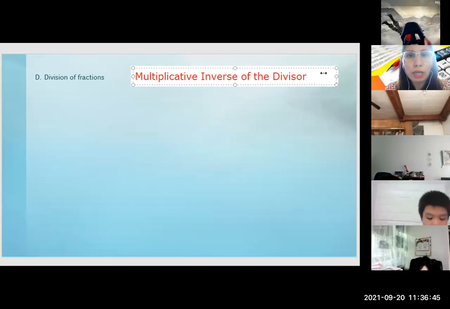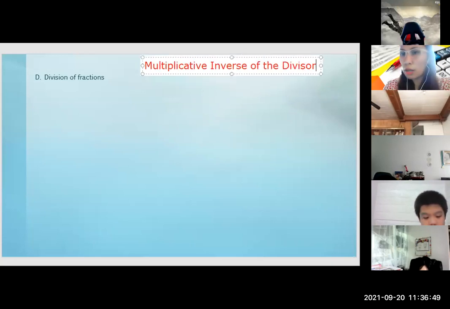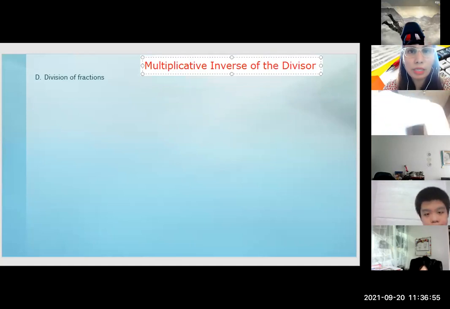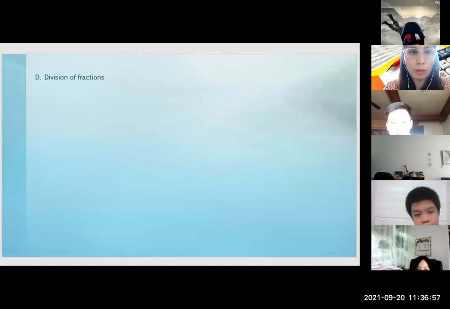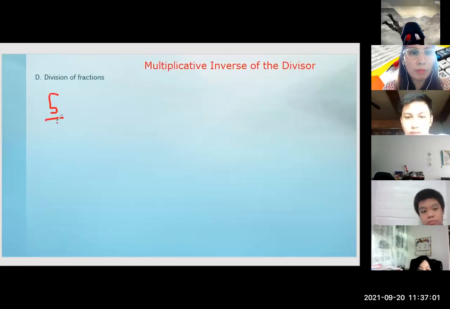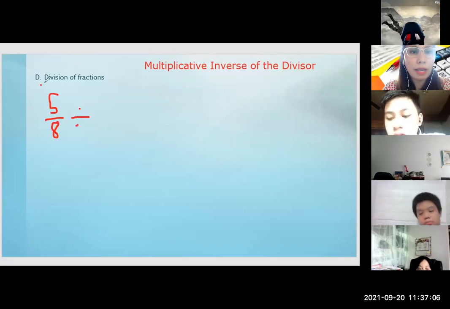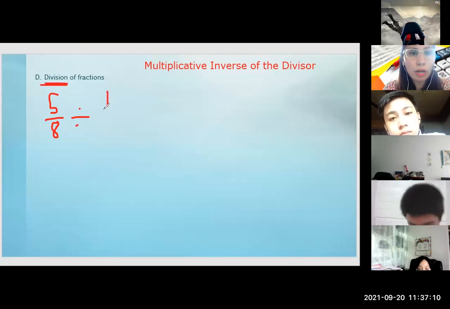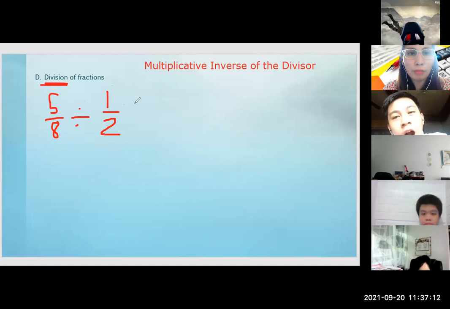first invert the fraction on your divisor. So for example, let's have 5/8 divided by 1/2.